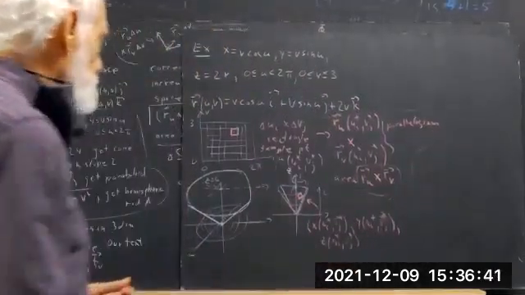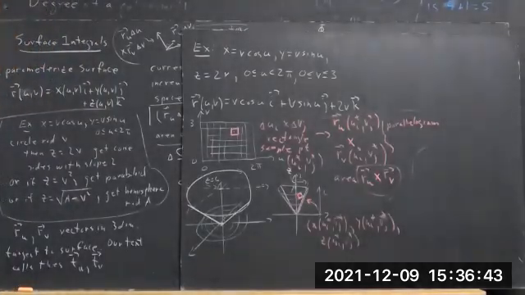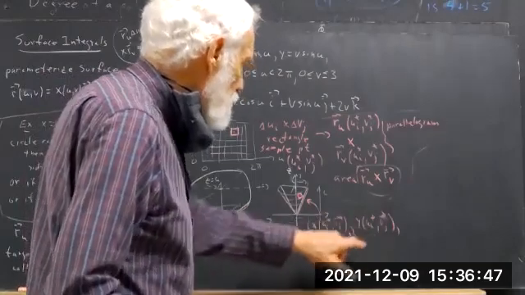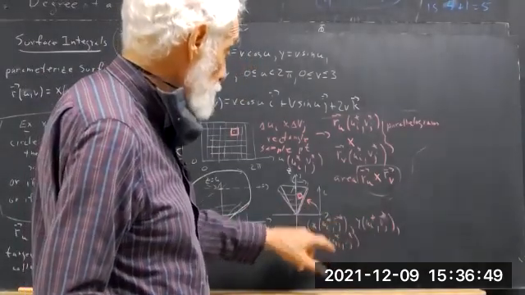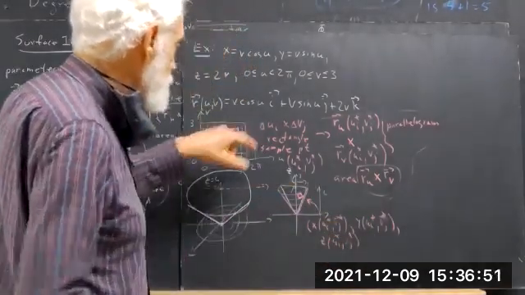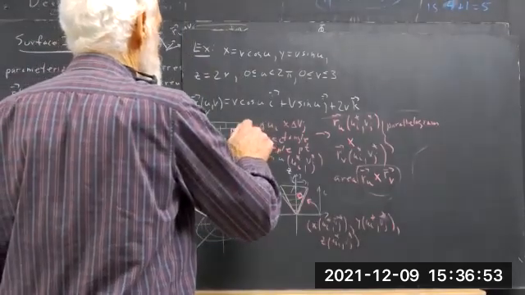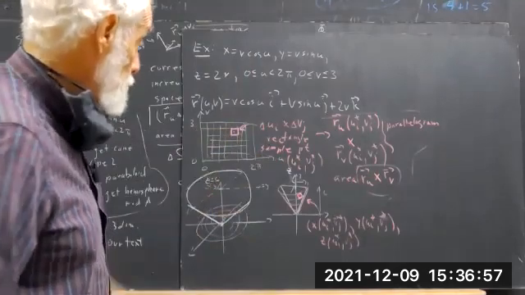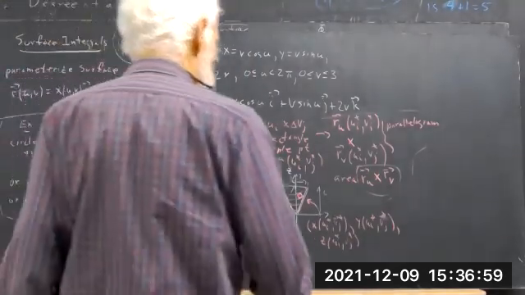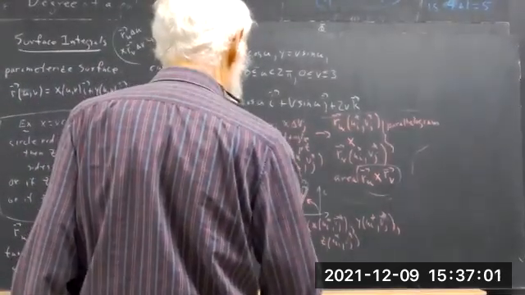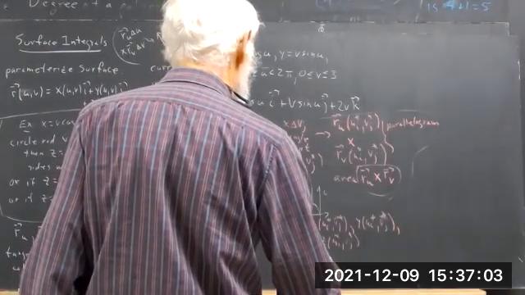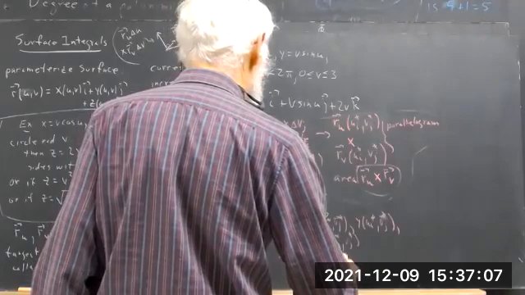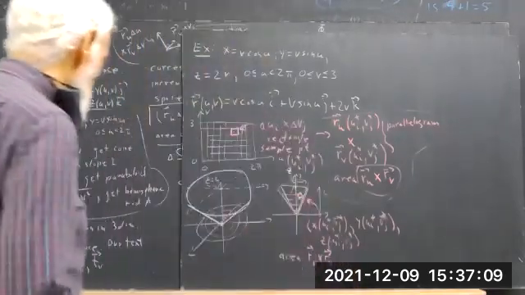I'm going to assume that. So we have this point based on the sample point in this ij rectangle in UV space. Area is RU by RV.